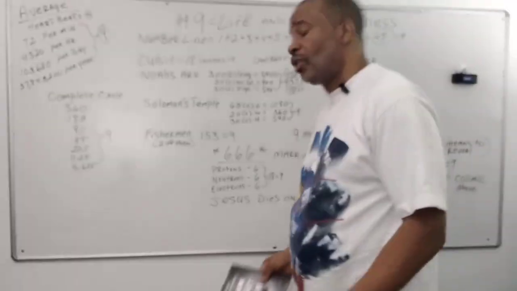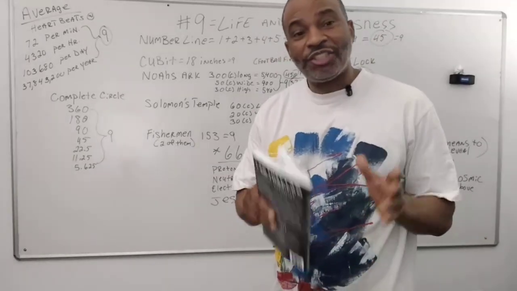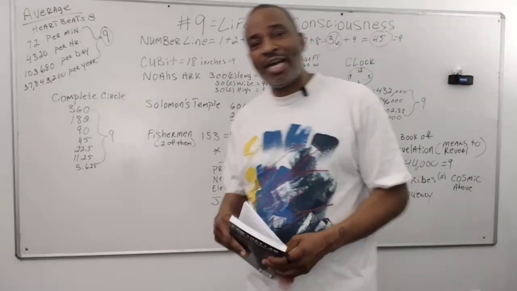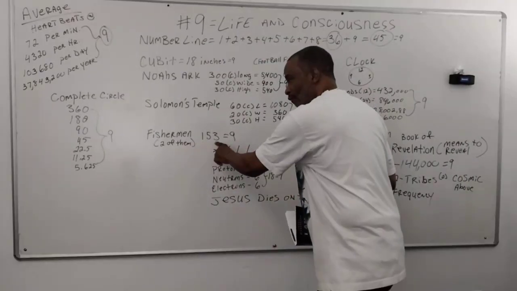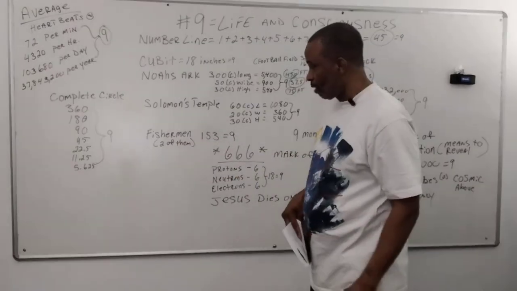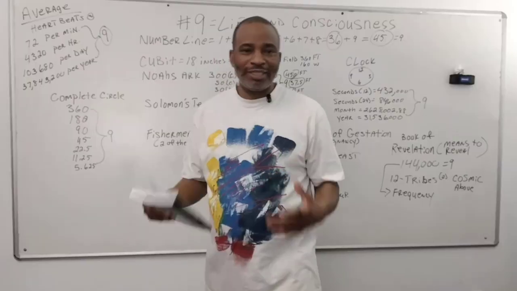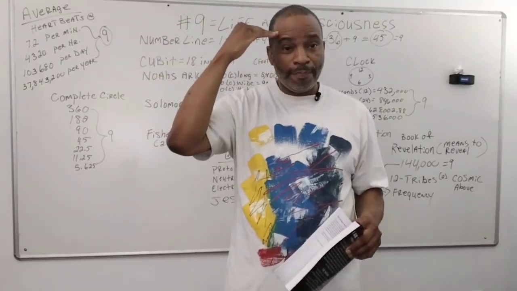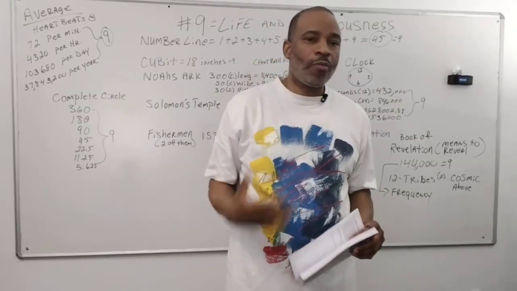We need some help. So Jesus tells them to cast their net to the right side. And when they cast their net to the right side, they catch 153 fish. When you add the numbers up, it equals 9. Casting your net to your right side is a symbolic saying because God dwells on the right side. You have the left side, which is your carnal mind.